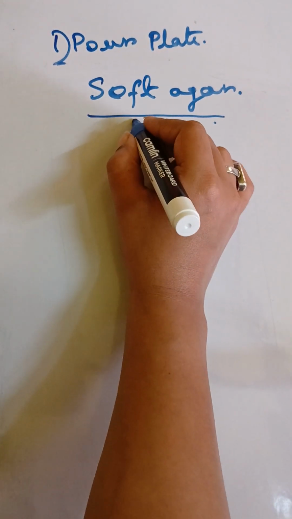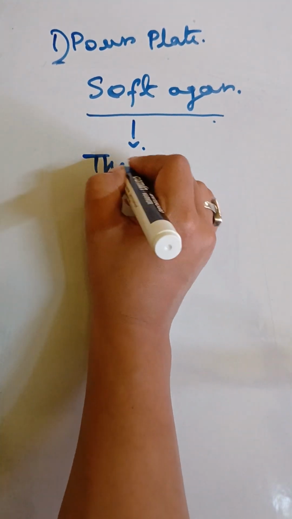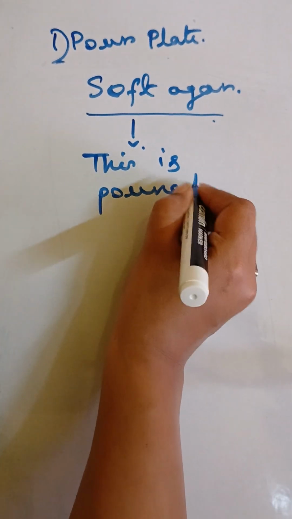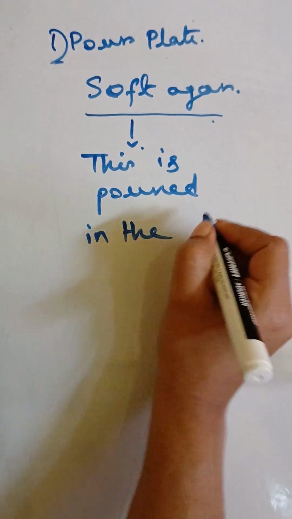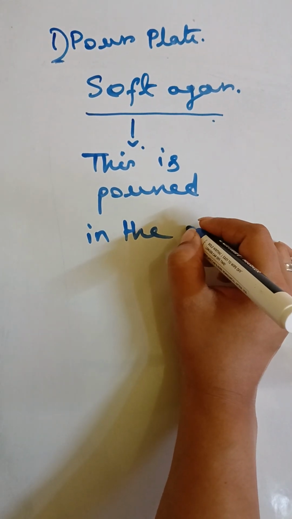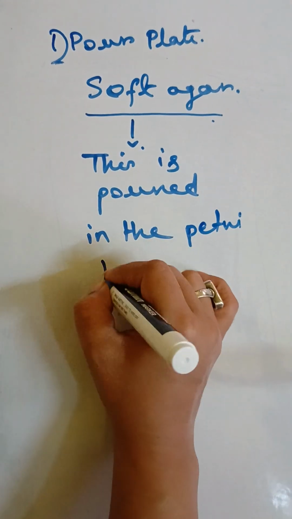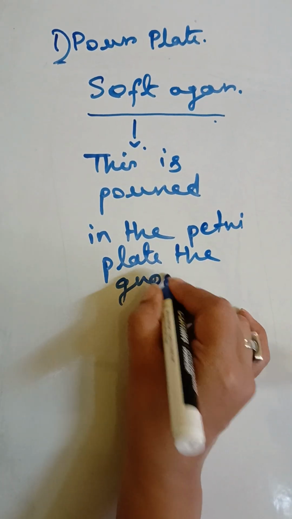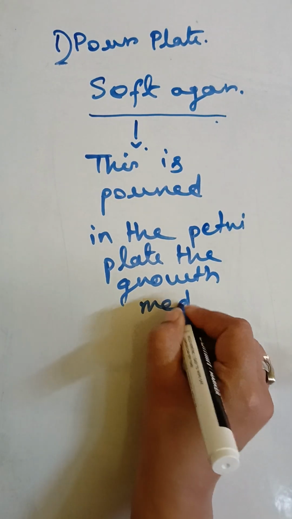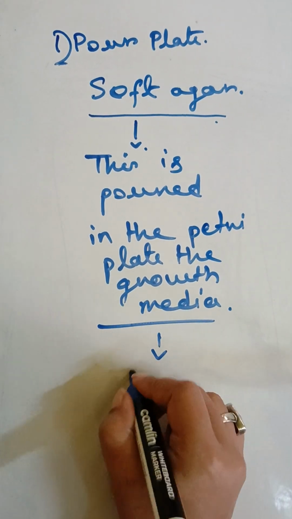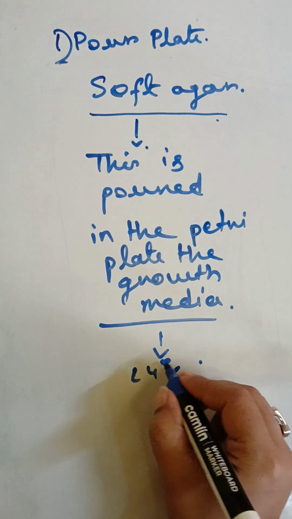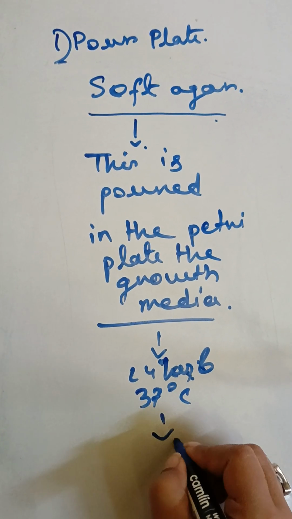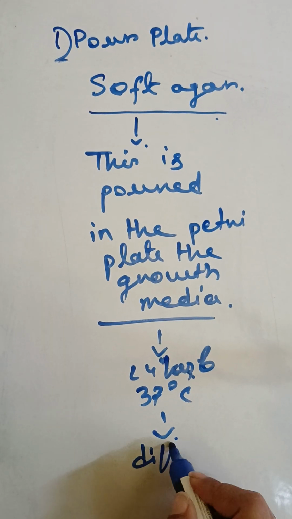Then this is poured in a Petri plate containing the growth media. Now, after incubation at 37 degrees centigrade for 24 hours, it will give rise to different colonies.